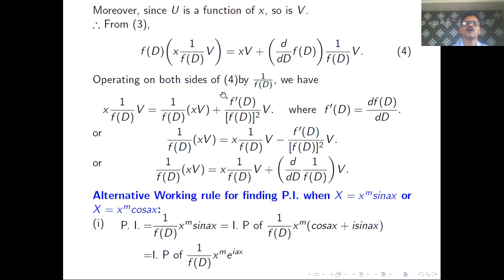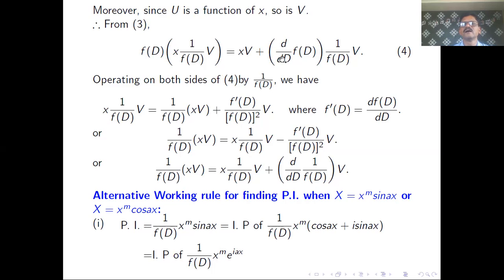And then you operate 1 upon f of D on both the sides of this equation 4. So this f of D upon f of D gets cancelled. So LHS will get x into 1 upon f of D into v is equal to, operating 1 upon f of D on this first term, you will get 1 upon f of D x into v as it is.